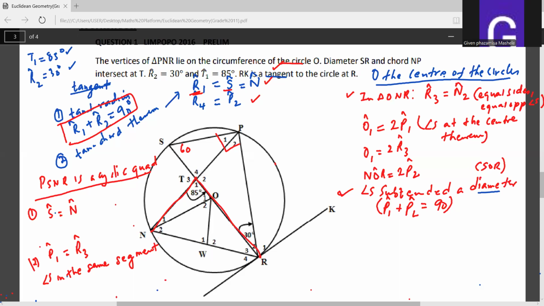We said angle S and angle N are equal because they're angles in the same segment. When I'm talking about N, I'm talking about the whole of N1 plus N2. The whole of this angle equals the whole of that because they're all coming from the same arc or chord. So they're equal.